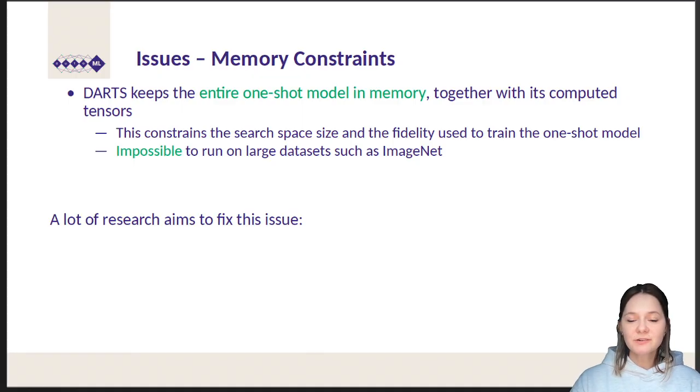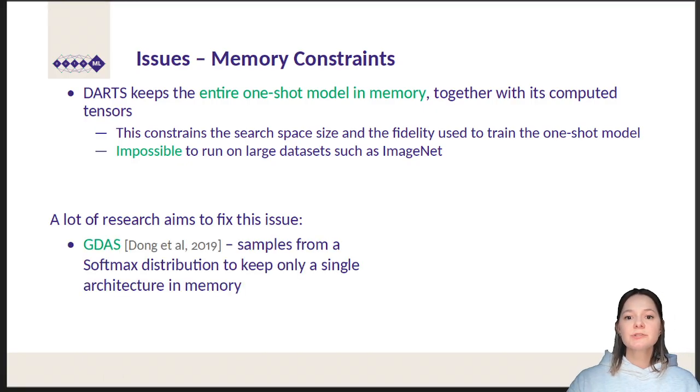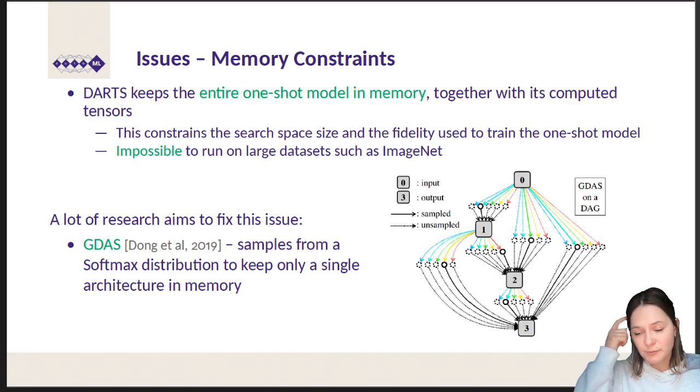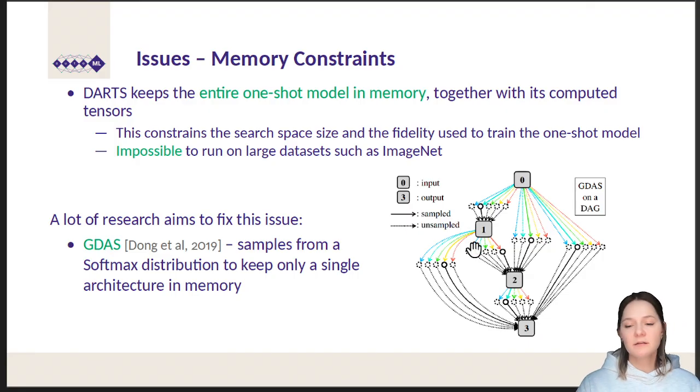There is a lot of research done to fix this memory issue, and one example I want to mention now is the GDAS approach, which samples from a Gumbel softmax to keep only a single architecture in memory. We have a Gumbel softmax distribution over a one-hot encoding of the operational choices, and therefore we select one of those operational choices differently every time, allowing for sampling.